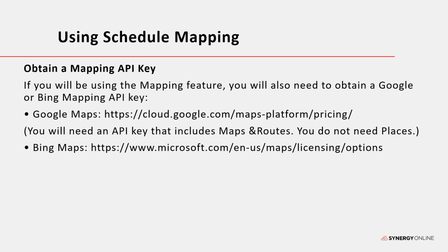But the bottom line is, if you're using Google Maps, although they have your credit card number, I have not been aware of any of our Schedule customers that have gotten a bill from Google for using that API key. So the way that we are consuming that data out of the API is very small.